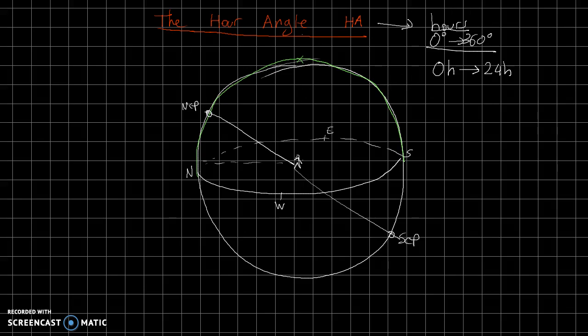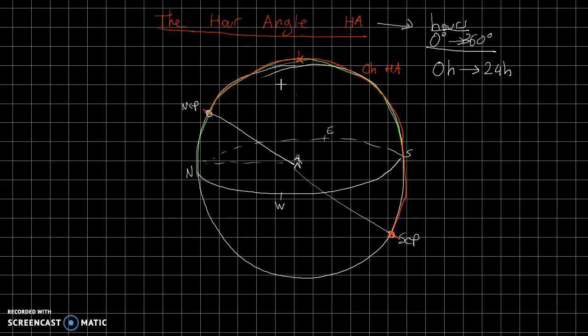So if we go from the NCP straight up along the local meridian line all the way to the zenith, and then continue all the way to the SCP, we have what looks like a great meridian, and this meridian here is 0 hour angle. So the 0 hour angle goes through your zenith and connects the NCP to the SCP.